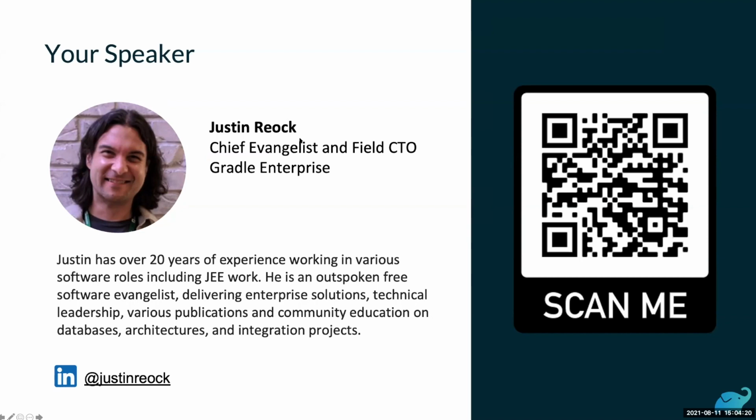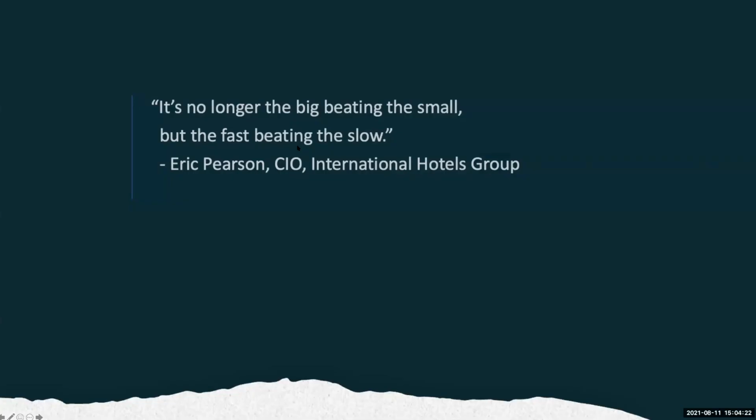All right. So to kick things off, I like to set the stage with this quote, which is from Eric Pearson, who's the CIO of Intercontinental Hotels Group. I'll need to update this, but it's effectively this quote: "It's no longer the big beating the small, but the fast beating the slow."